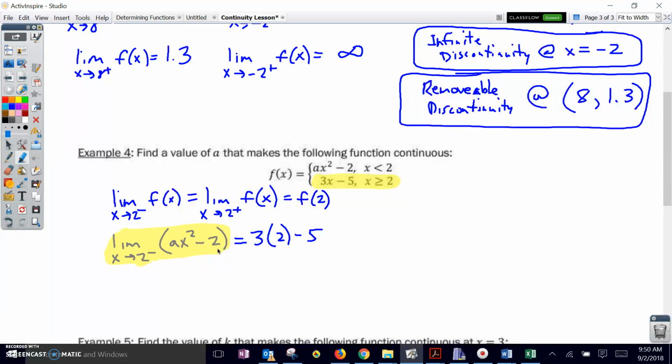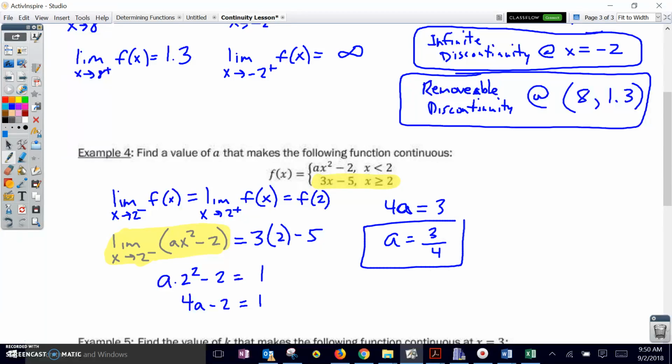So the limit on this quadratic is going to be the same as the function value, and so I can just find the limit by substitution. So I substitute 2 in here for x, and that gives me a times 2 squared minus 2 is equal to the right hand side, which is 1. So 4a minus 2 equals 1. 4a equals 3. And therefore, the value of a that makes this function continuous is going to be 3/4.